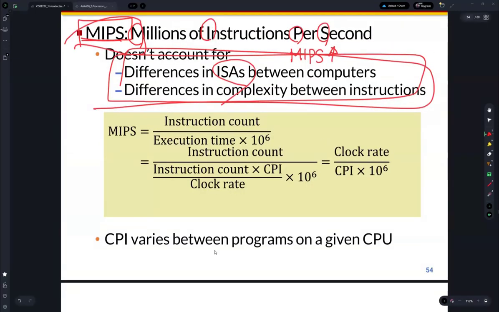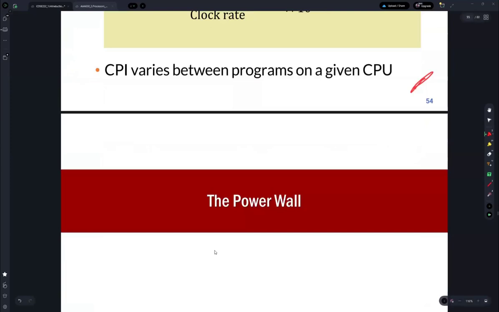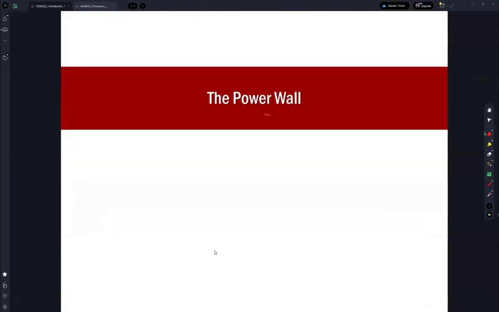Until this point, I explained about the performance of a computer system. So now, what is the power? It's the cost of a computer system. Why? If a computer system consumes more power, then we need to pay more, right?